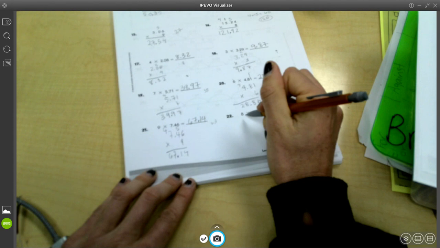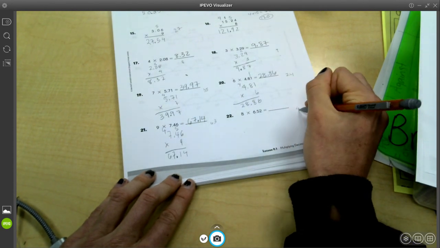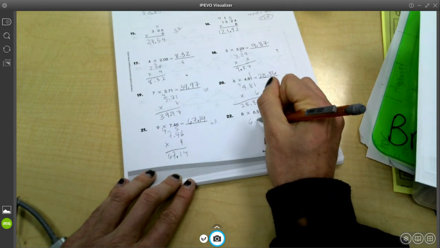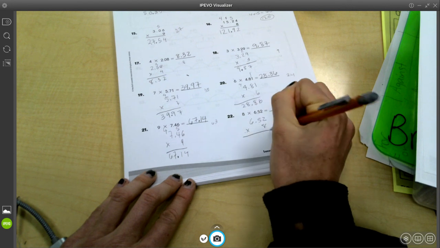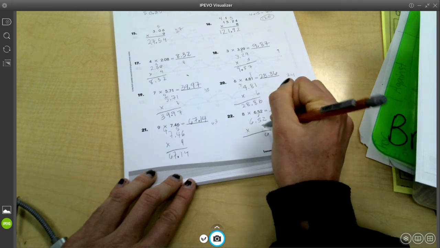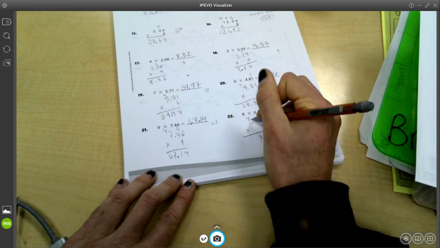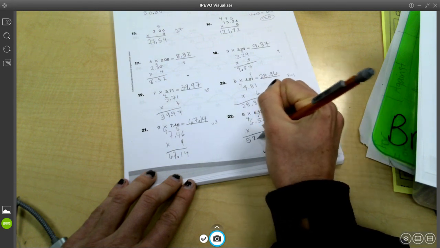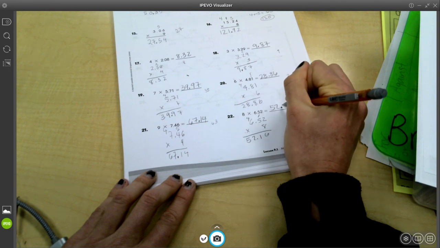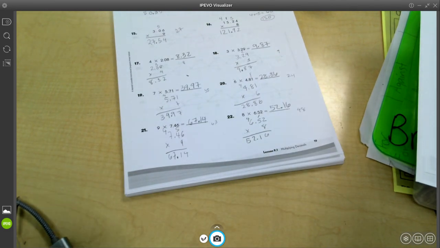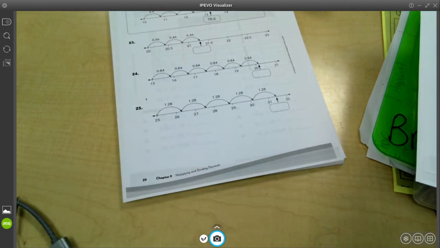All right. 8 times 6 is 48. So my answer should be about 48. 8 times 2 is 16. 8 times 5 is 40, plus 1 is 41. 8 times 6 is 48. Plus 4 is 52. 52 and 16 hundredths.